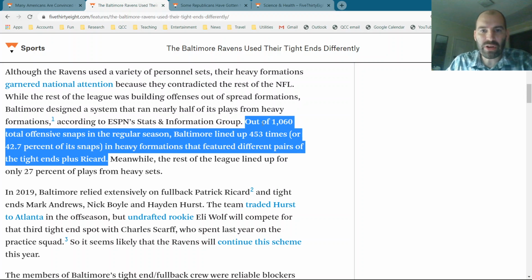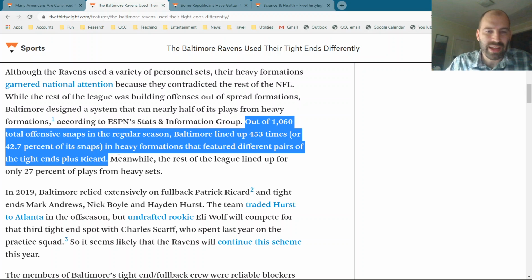Out of 1,060 total offensive snaps in the regular season, Baltimore lined up 453 times, or 42.7% of its snaps, in heavy formations that featured different pairs of the tight ends plus Ricard. So they're just looking at how the football team lined up their players.